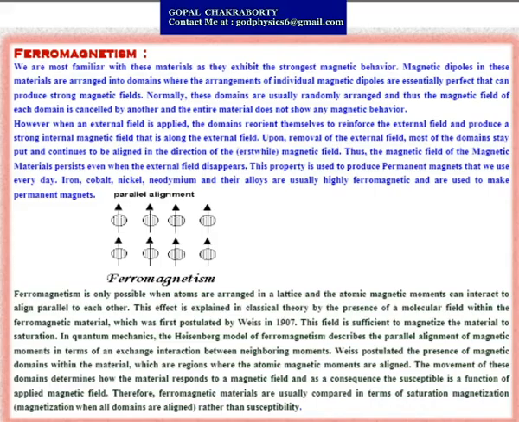So these properties are used to produce ferromagnetic materials that are used every day: iron, cobalt, nickel, etc. These alloys are usually highly ferromagnetic and are used to make permanent magnets.